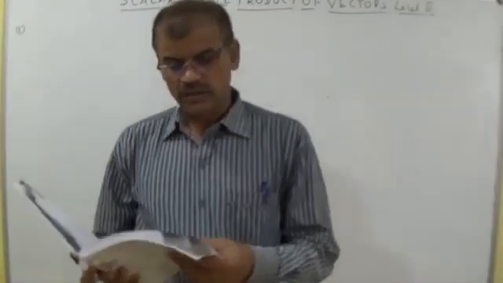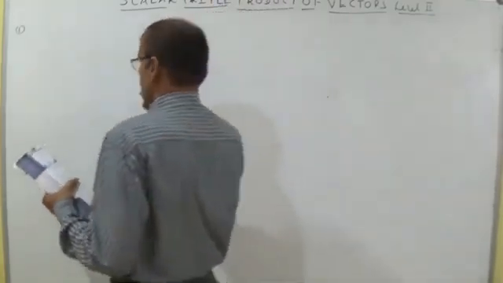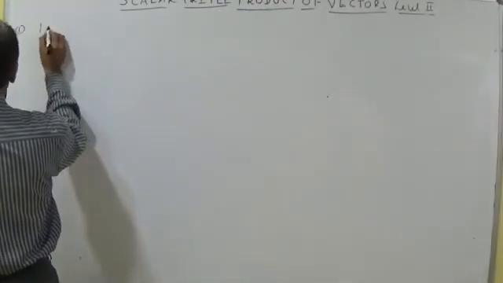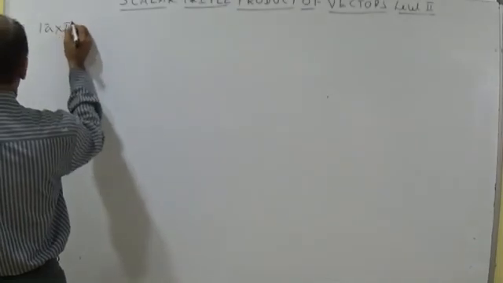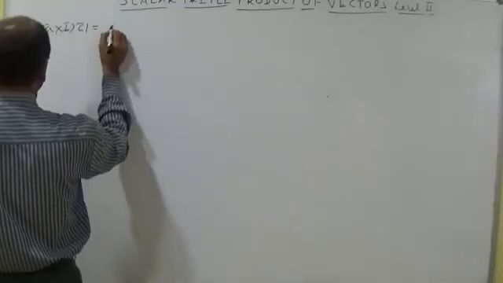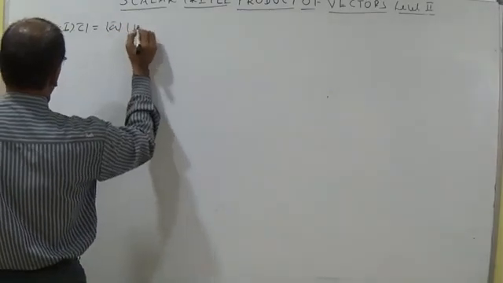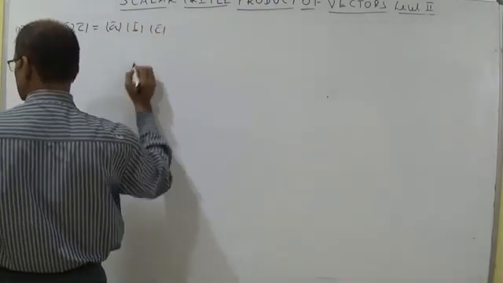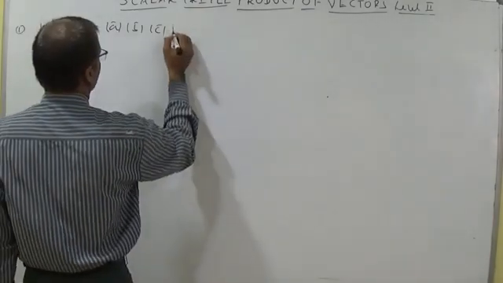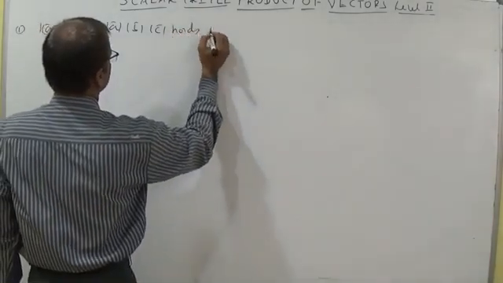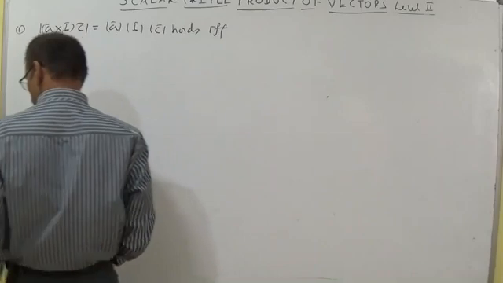For any 3 non-zero vectors A, B, C given. Yesterday I said the concept: modulus of A cross B dot C is equal to mod A into mod B into mod C holds. This formula is satisfied if and only if, as I said, it can be taken as the unit vector concept.